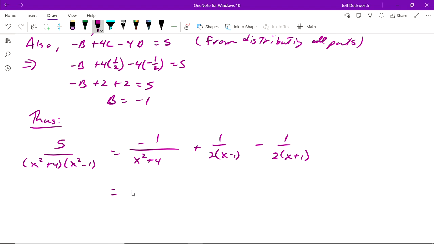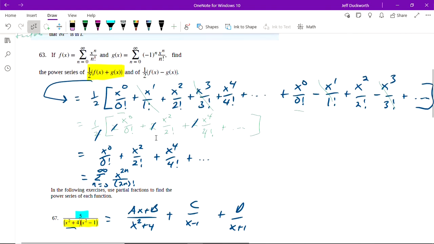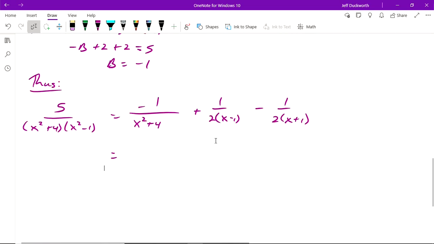All right, so if we're going to turn these into something that looks like a Taylor series, because ultimately that's what they wanted, right? A power series, excuse me. So we need to get it of the form 1 over 1 minus x, something like that, right? So how are we going to do that with these?